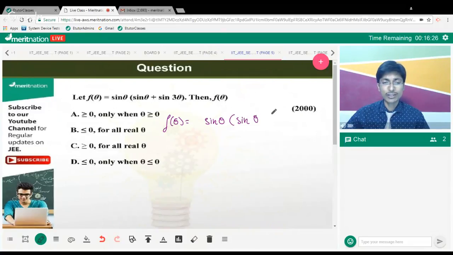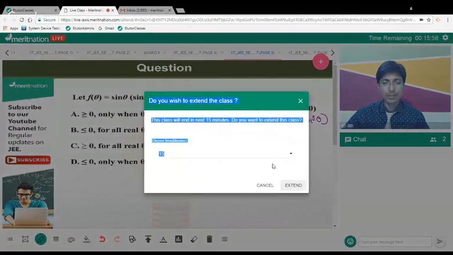We can directly replace it. Okay, so sine theta, and I have 3 sine theta, because sine theta and 3 sine theta will get added up in order to make 4 sine theta minus 4 sine cube theta.